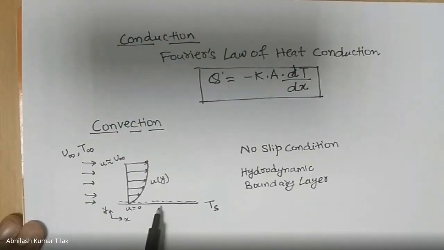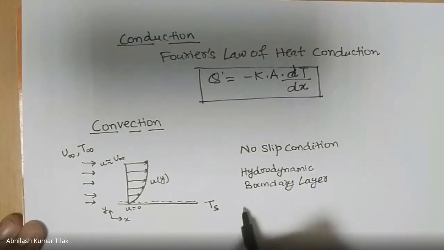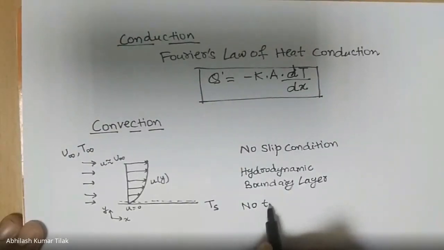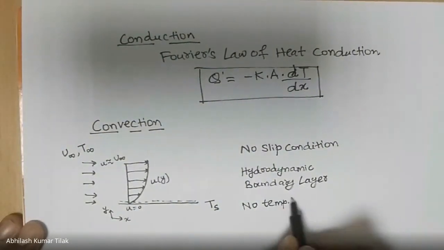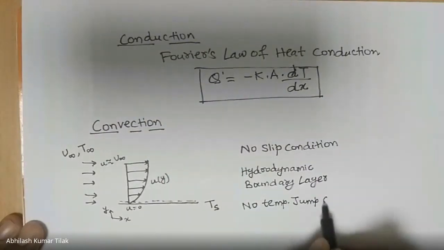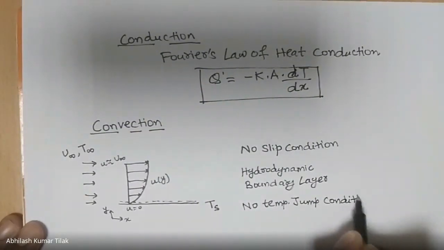So the heat transfer from the surface to this fluid layer, which has zero velocity, will be purely by conduction, since the adjacent fluid layer is motionless. And this fluid layer attains the same temperature as the surface, and this is termed the no temperature jump condition.